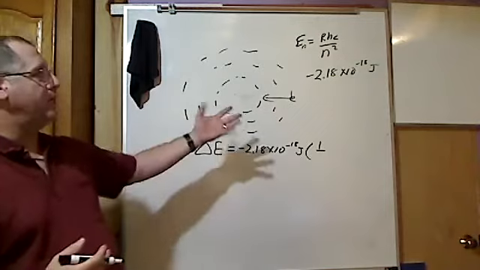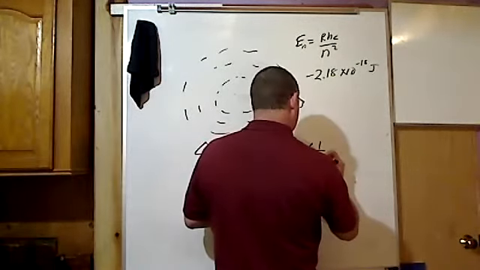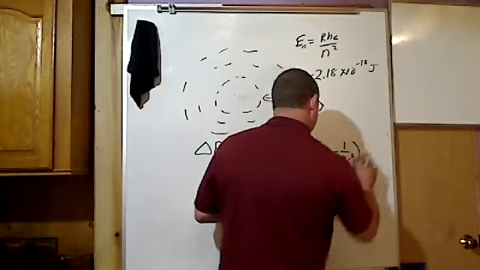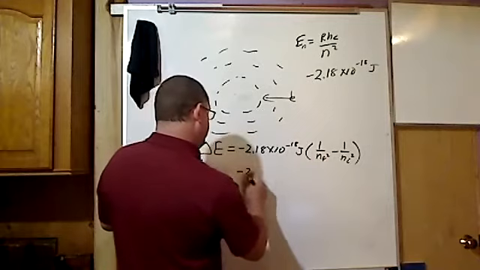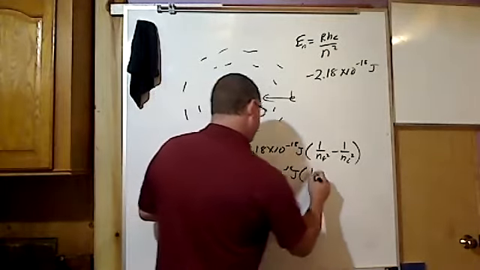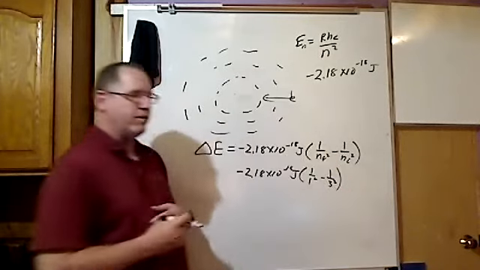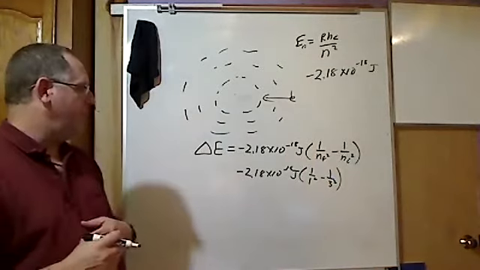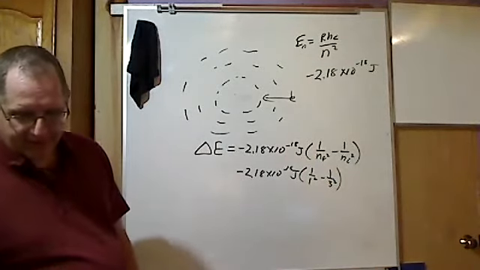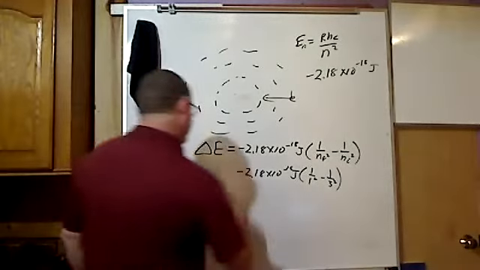I can factor that out and just get 1 over n_f squared minus 1 over n_i squared. In this case, it's 1 over 1 squared minus 1 over 3 squared. And if I calculate that out, I end up with an energy in this case of 1.94 times 10 to the negative 18th joules.